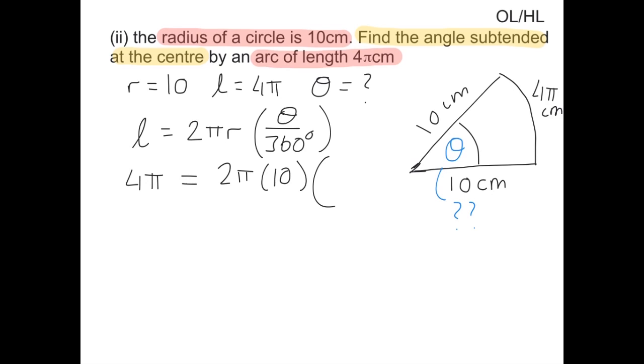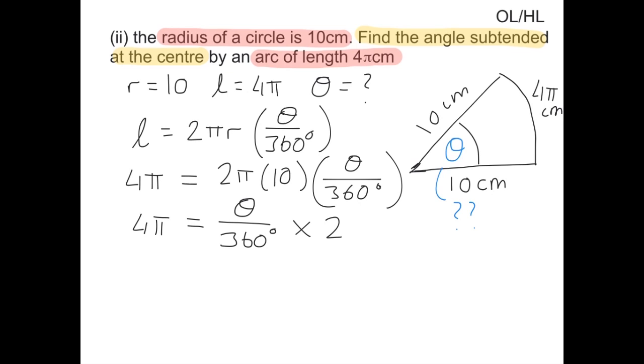And we leave this as it is because we don't know theta. Simplifying the right-hand side a little bit, we have 4 pi is equal to, I'm just going to rearrange to put theta in front, same multiplications happening, times 20 pi. That's just simplifying this part here.